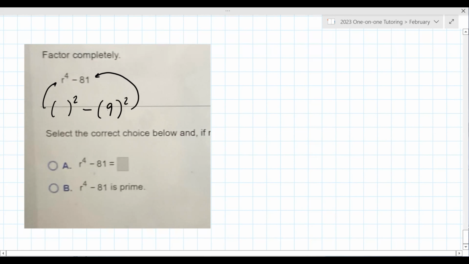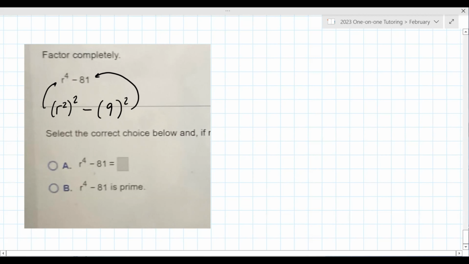Okay. And then r to the fourth. Give me a try. What goes in here such that when you square it, you get back to r to the fourth? R to the second. Good.